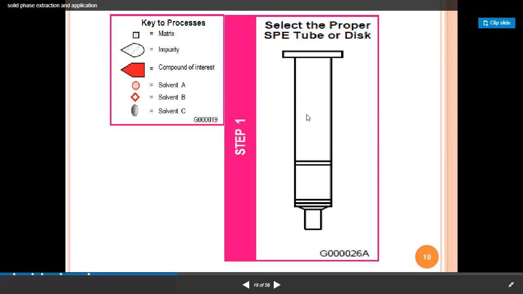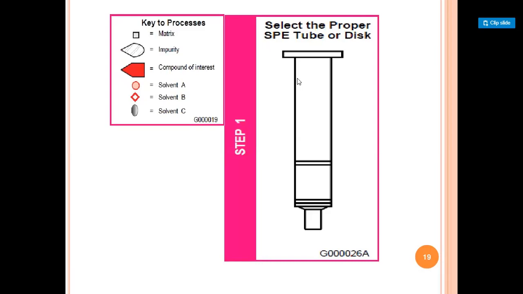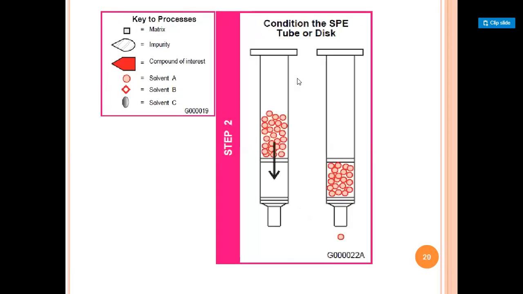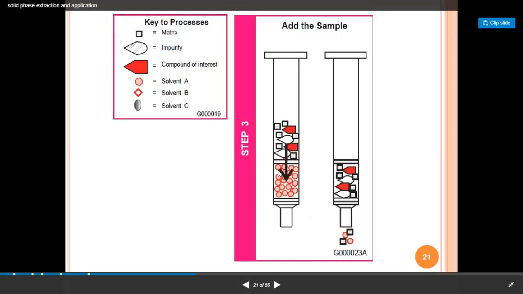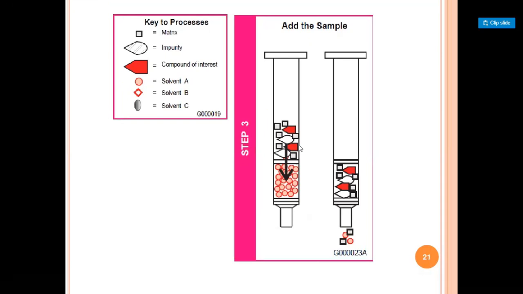Here is the stationary phase and the instrument which we will use for the solid phase extraction procedure. In step 2, we will add the solvent which will activate the stationary phase. In the third step, we will add the solvent which has impurities and our compound of interest.